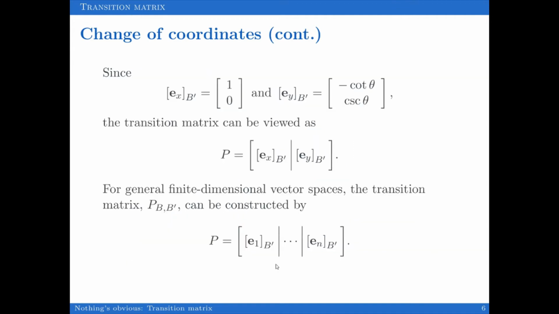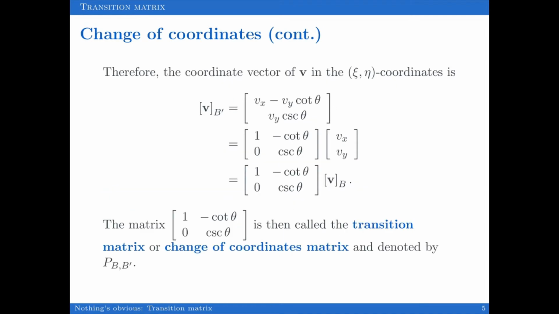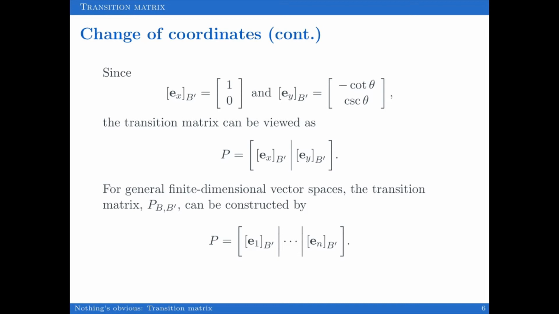Okay, if we look at the transition matrix closely, we will see that each column of the matrix is composed of the coordinate vector of the basis, because e_x in terms of the basis B prime can be written as (1, 0).